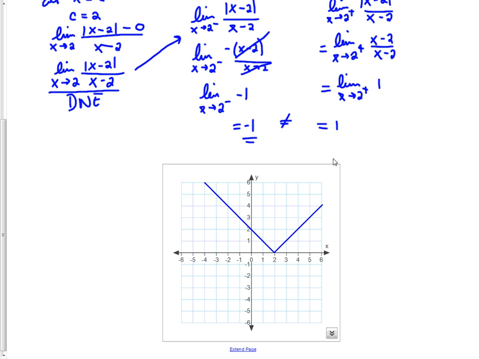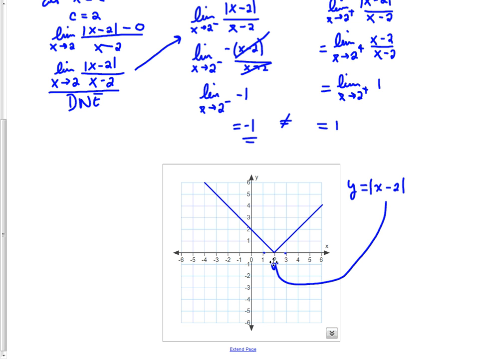If we look at what this means for a minute right here, here's the graph of y equals the absolute value of x minus 2, and we see exactly what the problem is. Right here at this point, (2, 0), if we let x approach from the right or the left, we're going to have two different slopes, and that kind of thing can't happen.